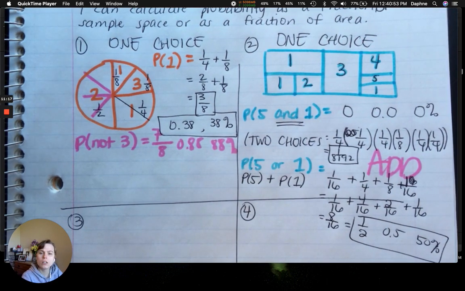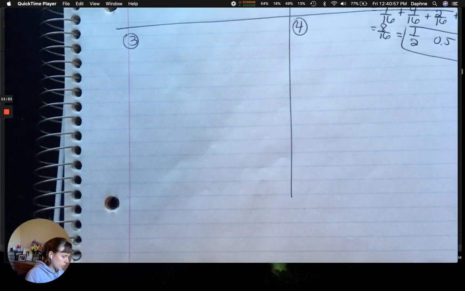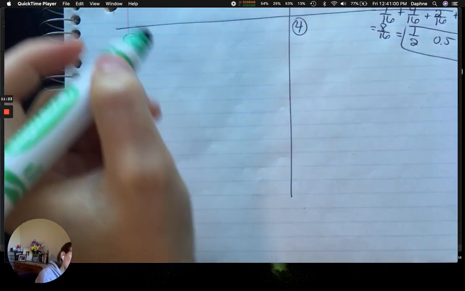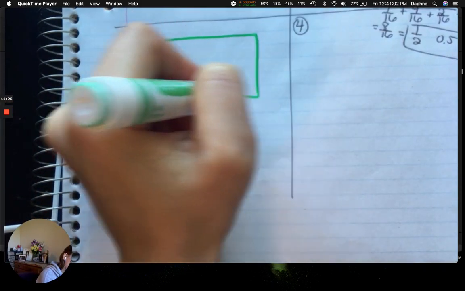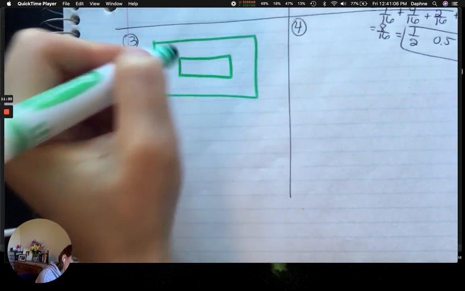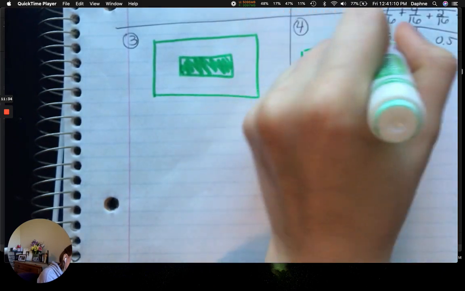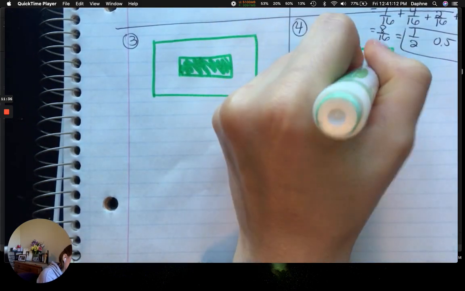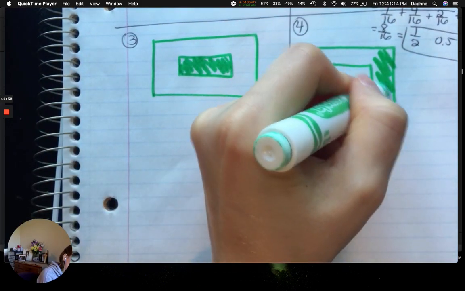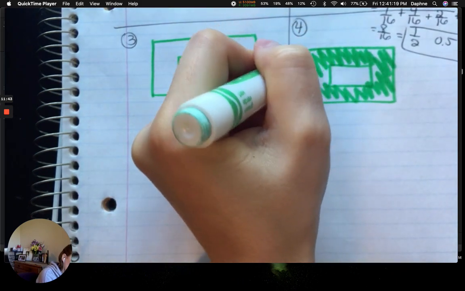All right. On to 3. So for this one, and we're going to use this same one on 4. So for 3, I want you to draw this and shade the inside. For 4, draw the same thing, but we're going to shade the middle piece, like the outside.